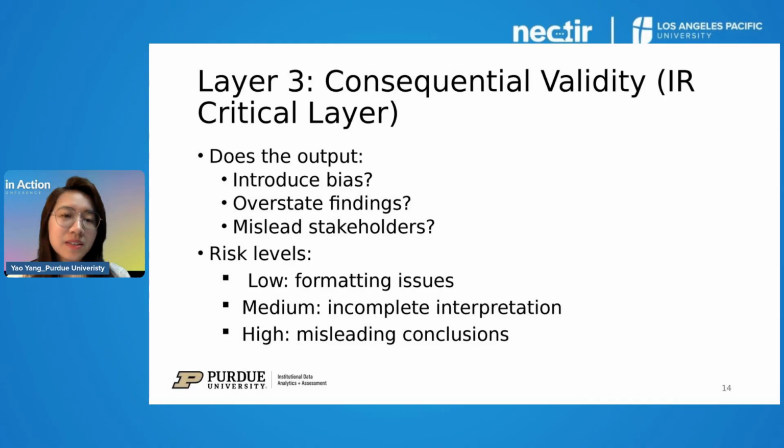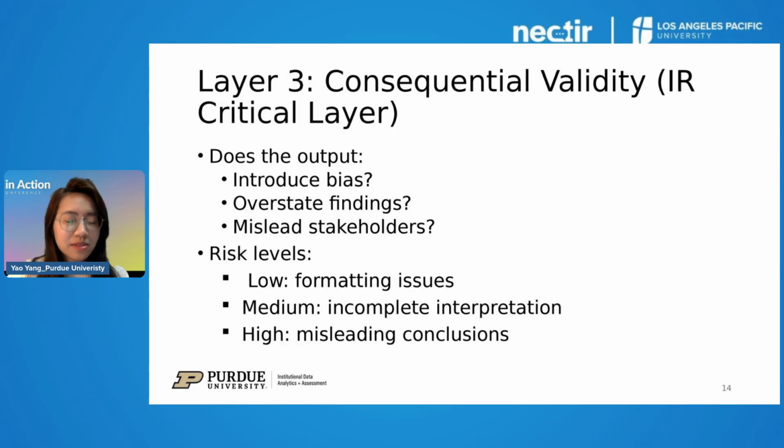So we can think of this in terms of the risk level. The low risk includes issues like formatting problems. The medium risk includes incomplete or partially accurate interpretation. And the high risk includes misleading conclusions that could influence decisions in the wrong direction.